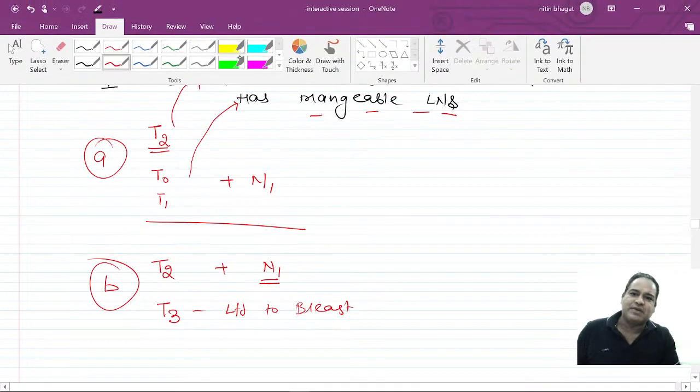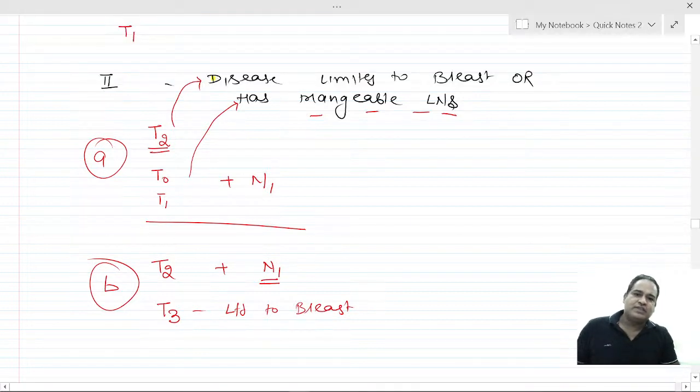Let's quickly summarize it. Disease which is limited to breast, no lymph nodes.